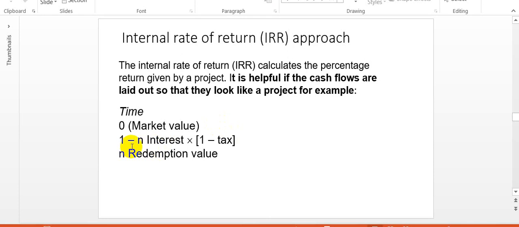Then 1 to n, n will be the number of years given in the question. Then the interest: you compute the interest and then you strip off the tax from the interest. Then in the last year you have the redemption value.